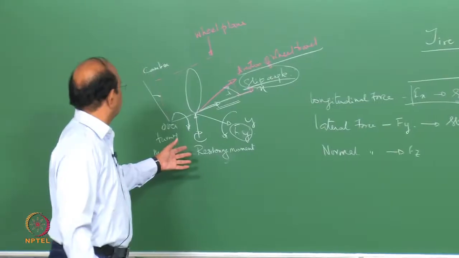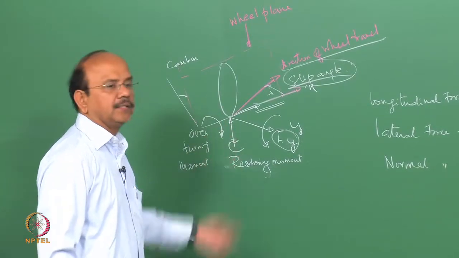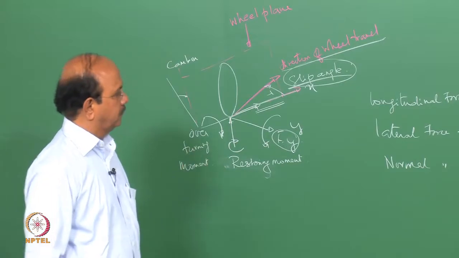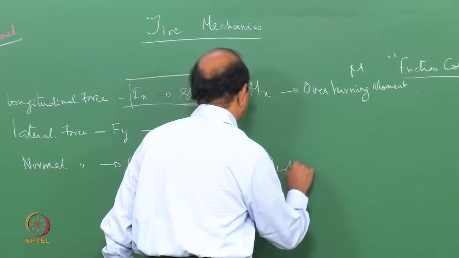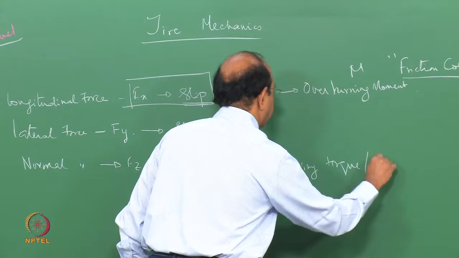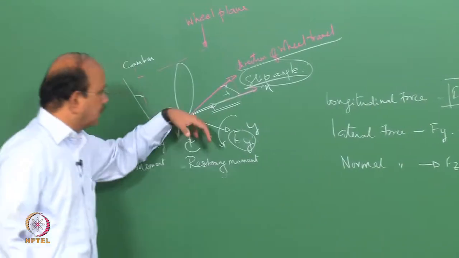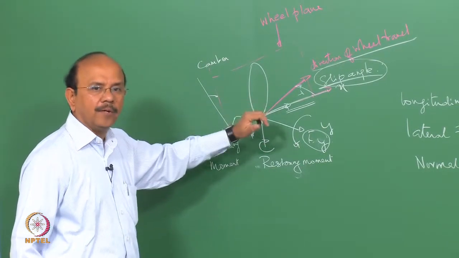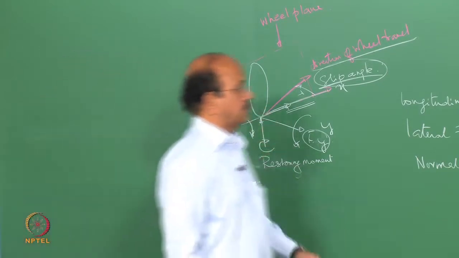You have a moment which acts along the z direction, which is called a restoring torque or restoring moment. And along the lateral direction there is a force as well as a moment, and the moment is nothing but the rolling resistance moment.